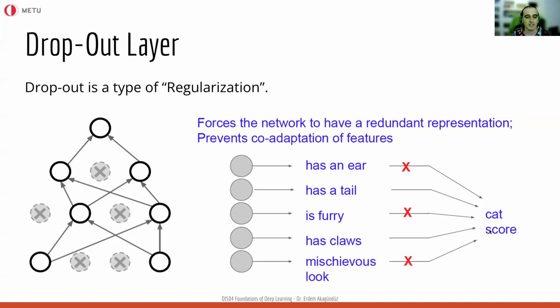It is like making a primary school student study without showing every feature. So this is the dropout layer. That's why it's a type of regularization. You are trying to prevent the network from overfitting to a high number of features.